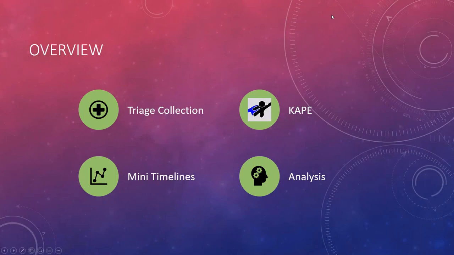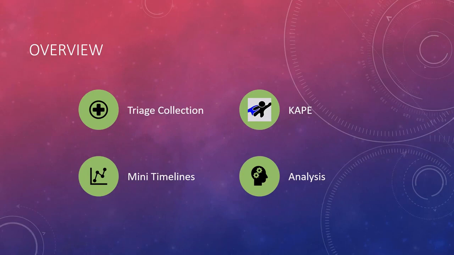I am super excited to be talking to you about the topic today, which is timeline analysis by utilizing Kabe. There are four areas I'm going to be going over: the triage collection, or the collection of a core set of files from a Windows system; then utilizing Kabe to create mini timelines; and finally diving into how to analyze and utilize those timelines.